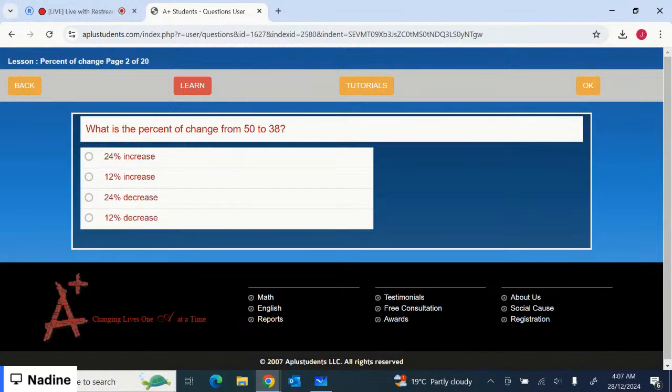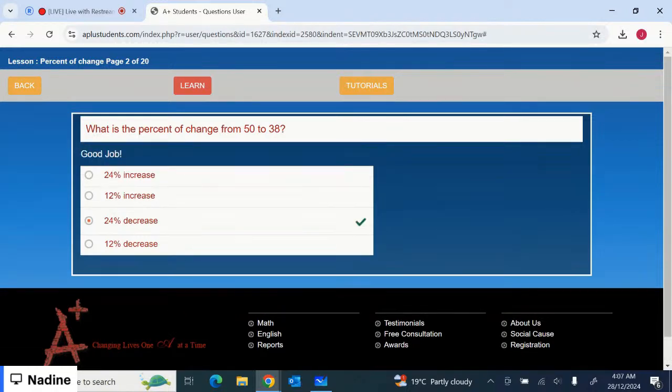So 38 minus 50 is 12, and 12 divided by 50 is a 24% decrease. The correct option is 24% decrease.